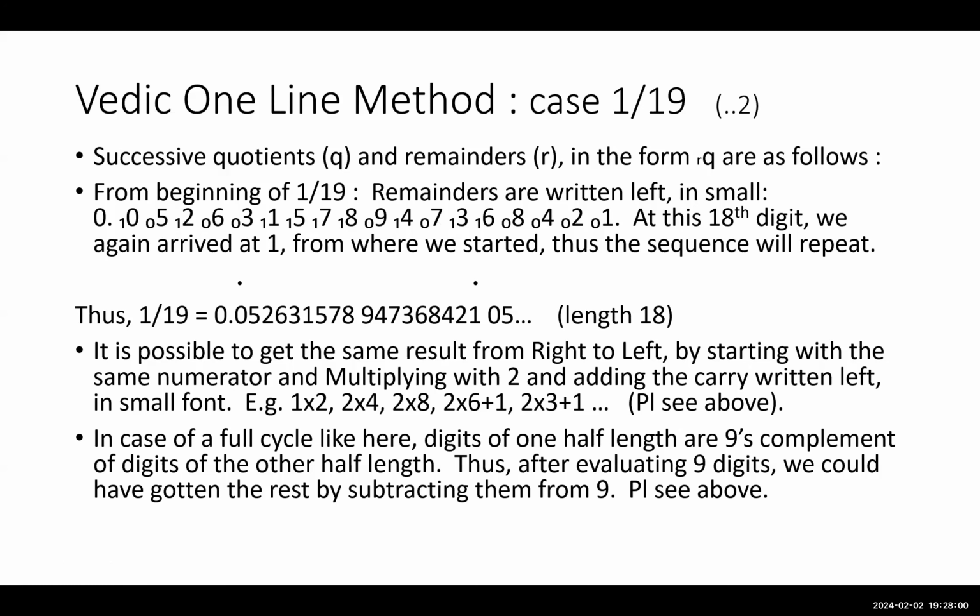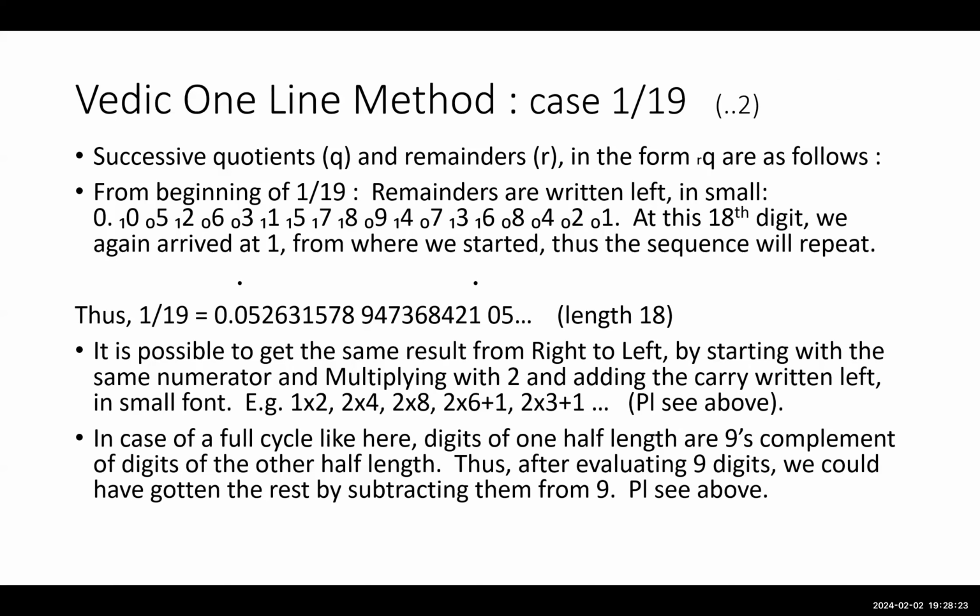Sir, I have a doubt. Suppose if we have 21 by 19, how will we be doing it? No, 21 by 19 cannot be done this way, because it is 1 full and 2 by 19. Here it is only for numerator less than denominator. If it is more, then obviously there will be a full part.